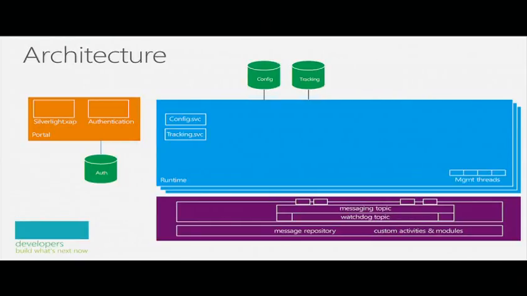What we then do is a lot of management threads who are polling on all these topics to pick up commands. Because if I decide in my portal that I want to recycle a thread or restart an endpoint or create a new endpoint and so on, I'm not doing that in a synchronous way because things can fail.